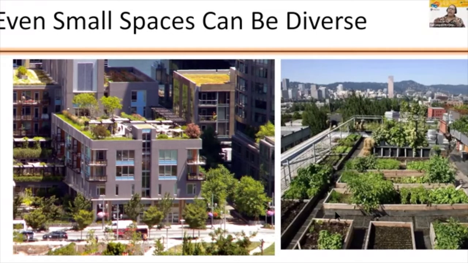And you can see once again, small spaces, quite diverse. And I want to impress upon you that the diversity of plants is going to bring in a diversity of animals at higher trophic levels. And when I talk about trophic levels, that's just food web, food chain language. Plants are the first trophic level, herbivores are the second trophic level, predators are the third trophic level.